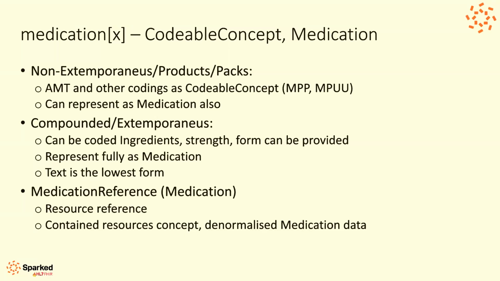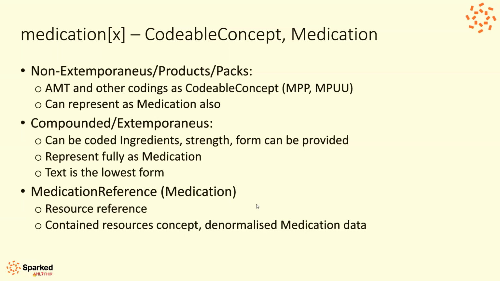We kind of expect most things will have a code that you can use. In some settings like hospitals and compounding situations, you're going to have probably more complicated medication concepts, but certainly the medication resource can handle those. Yeah, so that's probably worthwhile.